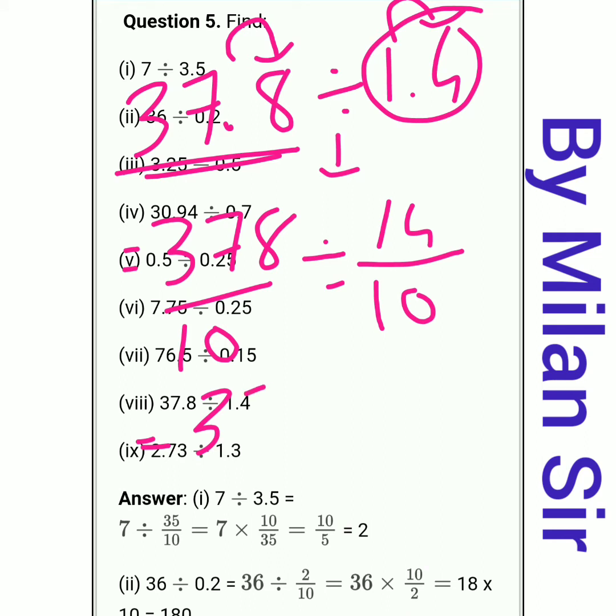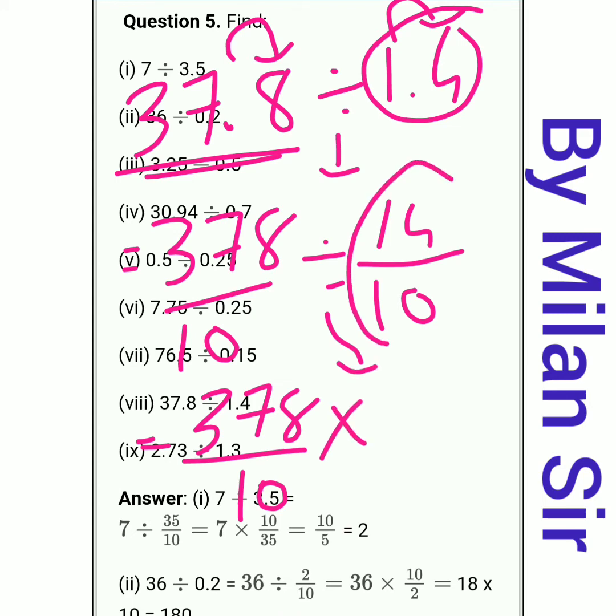So our first number 378 divided by 10 remains as it is, and we take the reciprocal of the second number, so 14 by 10 becomes 10 by 14.